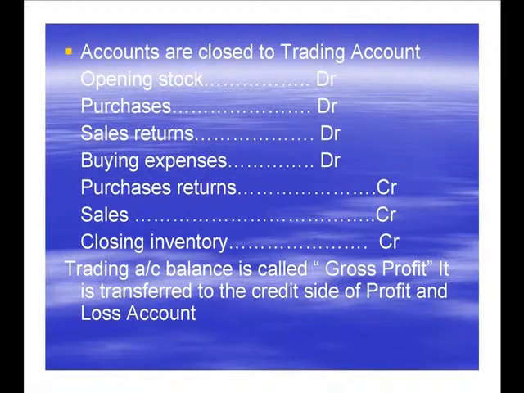Sales returns transferred to the debit side of the trading account. Buying expenses is an expense account transferred to the debit side of the trading account. Purchases returns, sales and closing inventory accounts will be transferred to the credit side of the trading account. Trading account.